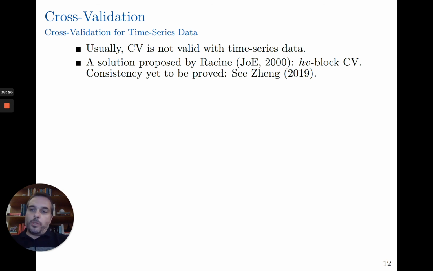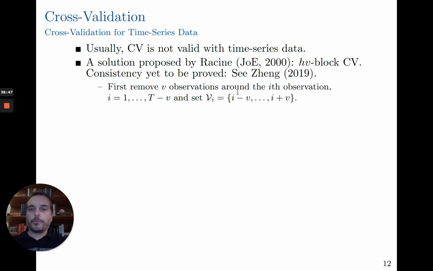But again, we don't have consistency in high dimensions for the information criterion either. So we are basically on the same page here. But so far, what we have as the best solution for cross-validation in time series is this proposal by Jeff Racine that I'm going to show you now.